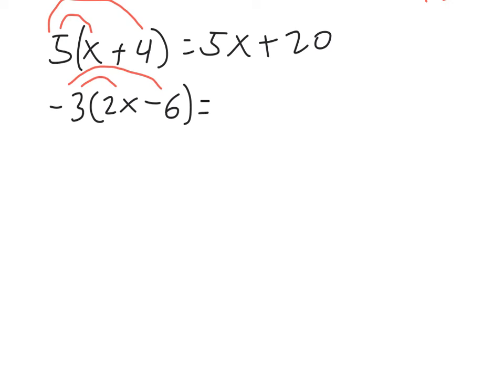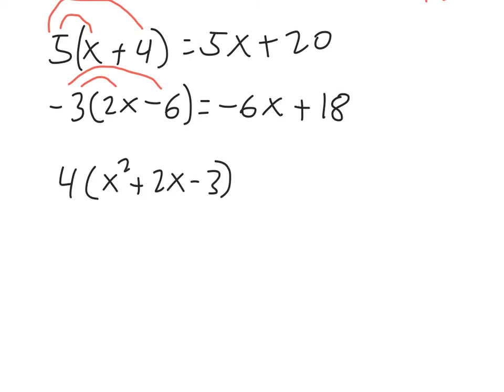So negative 3 times 2x is negative 6x, and negative 3 times negative 6 will give you a positive 18. So that minus turns into a plus because we had two negatives. And once again, it's fully simplified. This is an x, this is a number, so we can't combine these two.